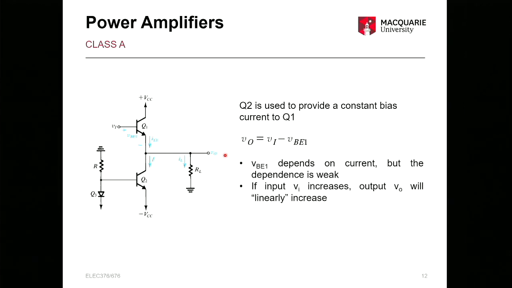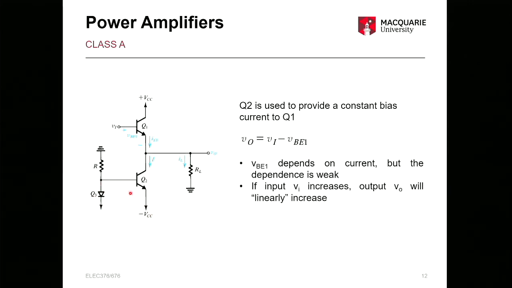So VBE1 will depend on the current, this IL drawn out, but that dependence is quite weak. Okay, so that means we can kind of ignore it, and we can assume that if VI increases, then Vout will linearly increase. So VBE1 will change with certain conditions, but most of the time we're going to assume it's constant. And that's where things like this diode come in handy.